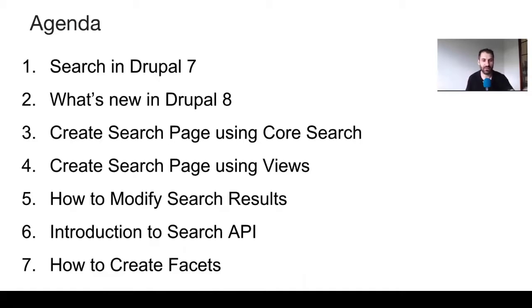And then the last few points will be part of a massive demo where we'll go through how to create custom search pages in Drupal 8. And that's new for the core search module. And how to create a search page using views and specifically a filter, how to modify search results, and also an introduction to Search API and faceted search.